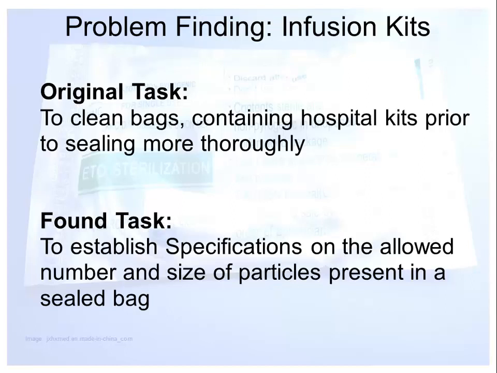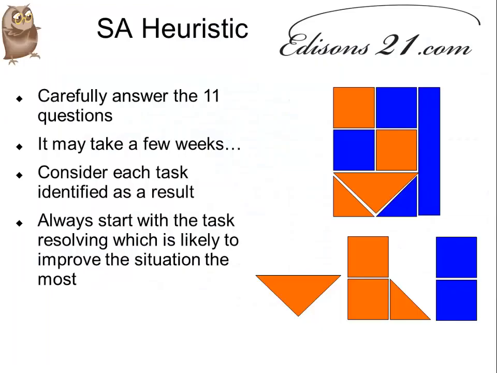Oh yes, he would have solved the problem until a new customer used an even stronger magnification tool to check the bags that were shipped by the factory. Clearly, the found problem of establishing specifications resolved the situation on a more general level than the improvement of the cleaning process. Let us summarize.